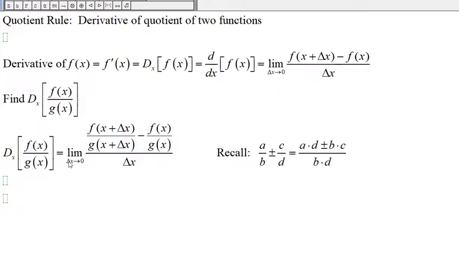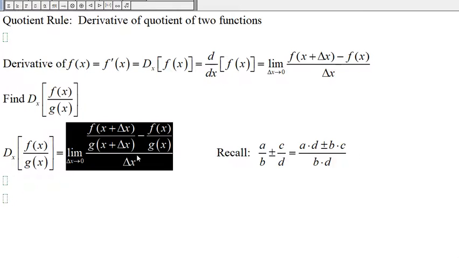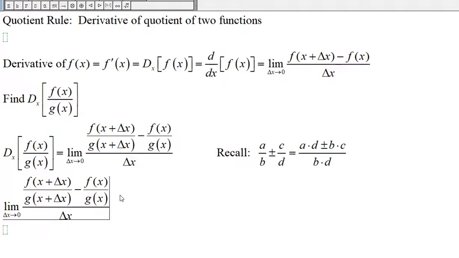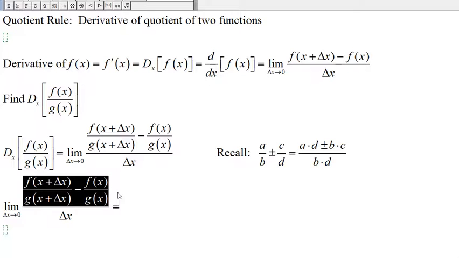And so that's what we're going to do. We're going to combine the top first. We're going to cross multiply. So let's go ahead and simplify this part first.